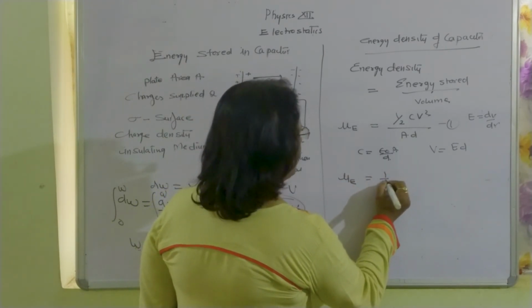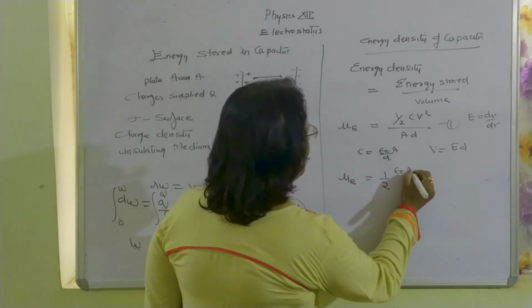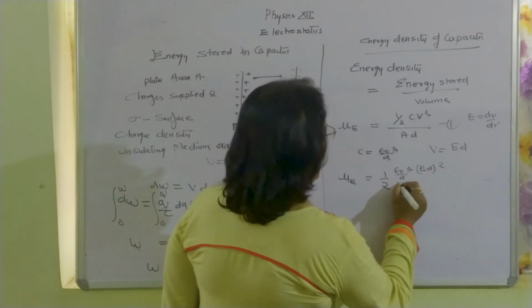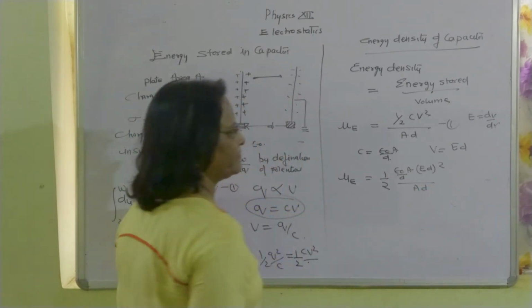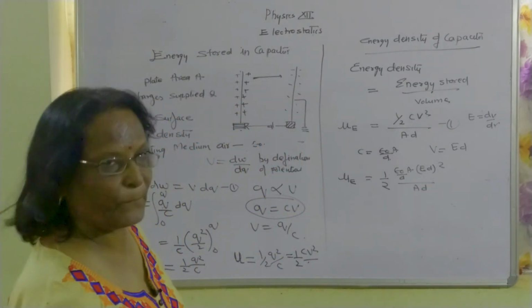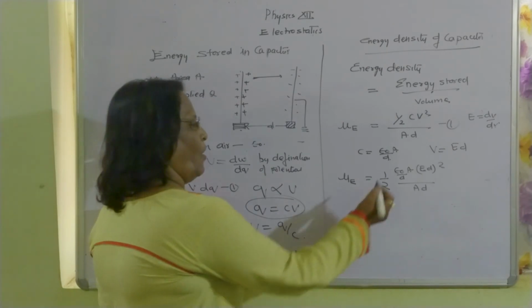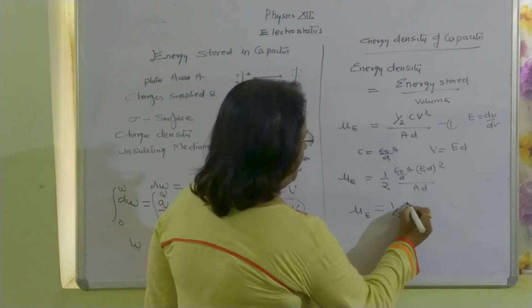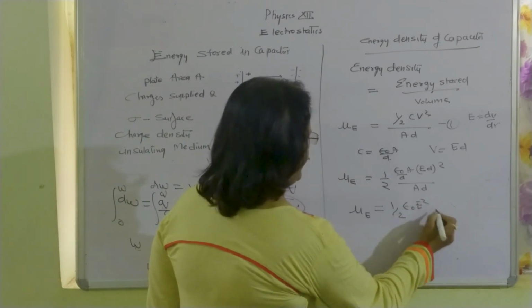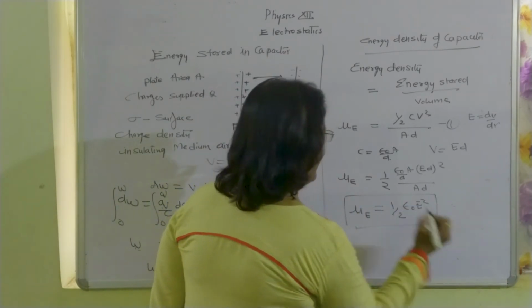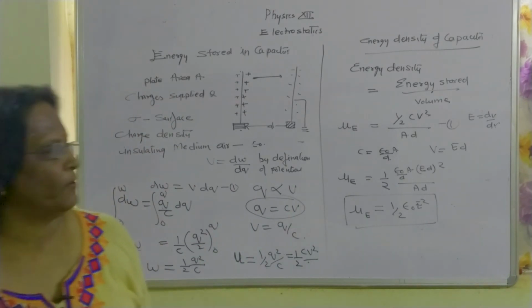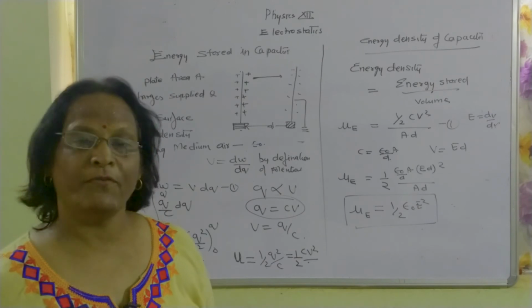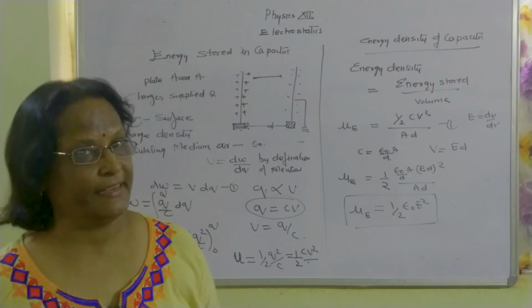So it is 1 upon 2 epsilon 0 A upon D into ED whole square upon AD. On solving this, we get u equals 1 upon 2 epsilon 0 E square.